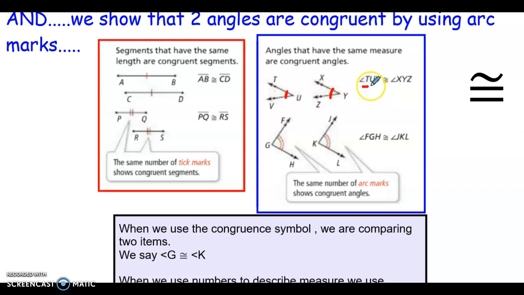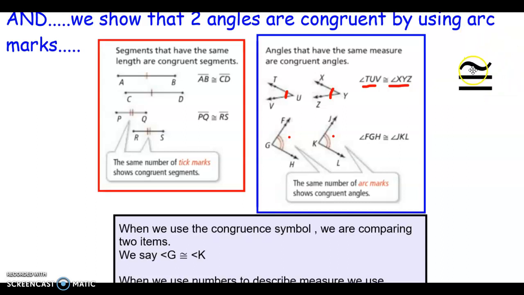And we would say angle TUV is congruent to angle XYZ. These have two arc marks on these two, so they're both congruent. We would state that by saying angle FGH is congruent to angle JKL. So the same number of arc marks tells me that the angles are congruent to each other.